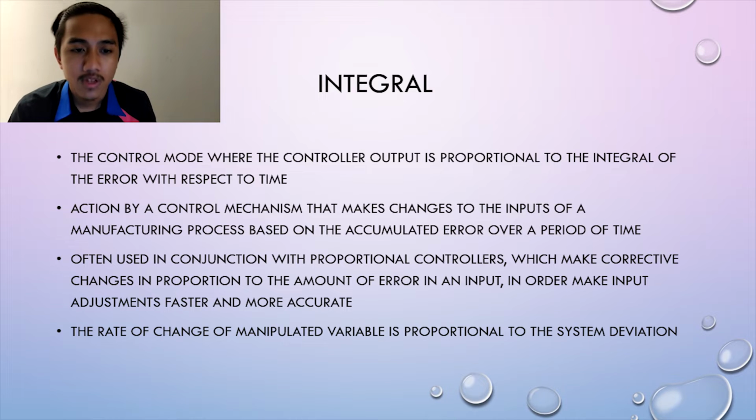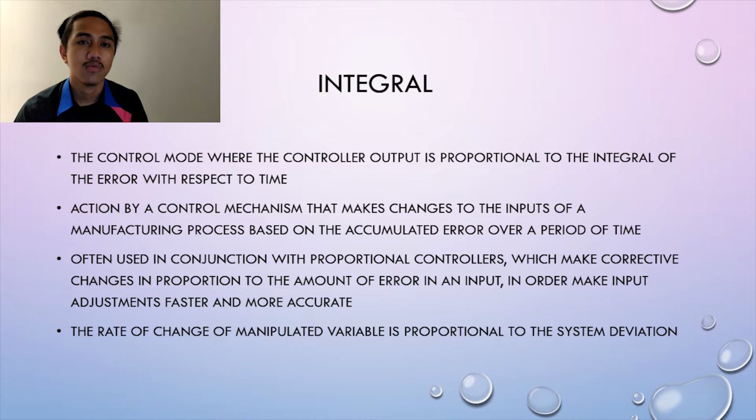So I will explain about integral. Integral is the control mode where the controller output is proportional to the integral of the error with respect to time. So it is action by a control mechanism that makes a change to the inputs of manufacturing based on the accumulated error over a period of time.